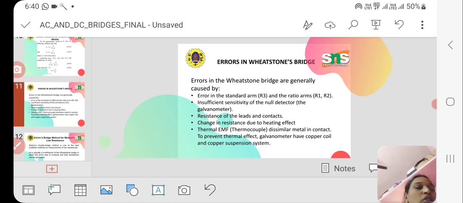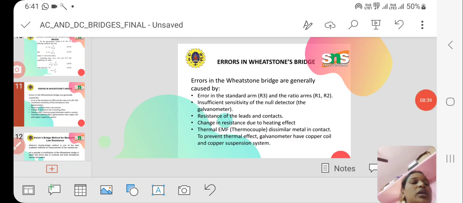This sometimes causes a permanent change in the resistance due to a large current in the circuit. Thus, from the above discussion, we can conclude that DC bridges that operate on DC supply allow us to determine the unknown resistance. However, an AC bridge allows us to measure resistance, inductance and capacitance when fed with an AC source.